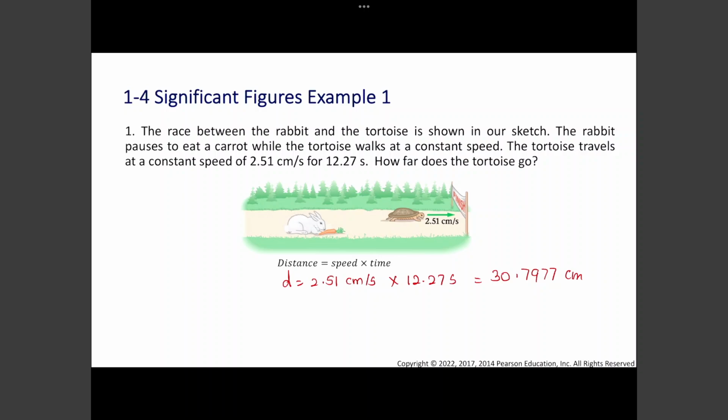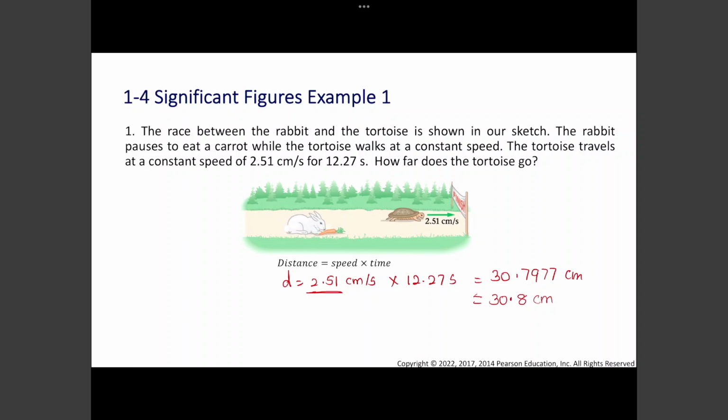So the quantity that is known with least accuracy is the speed, because it has only 3 significant figures, whereas time has 4 significant figures. So the quantity with least accuracy has 3 significant figures. Because of that, we give the result with 3 significant figures. So the answer should be 30.8 centimeter.